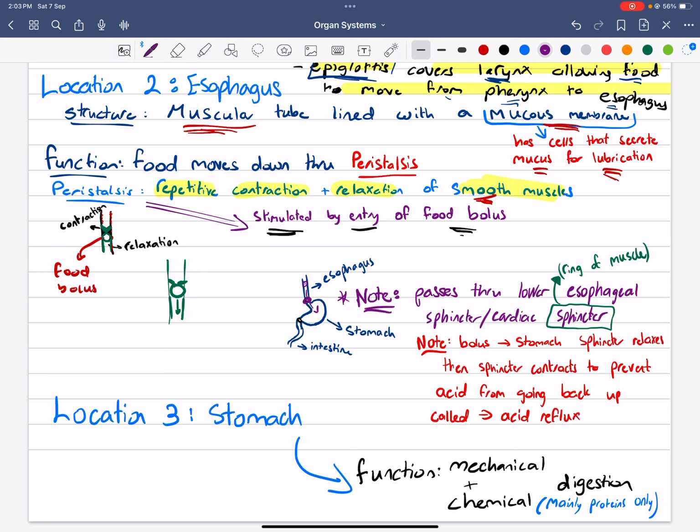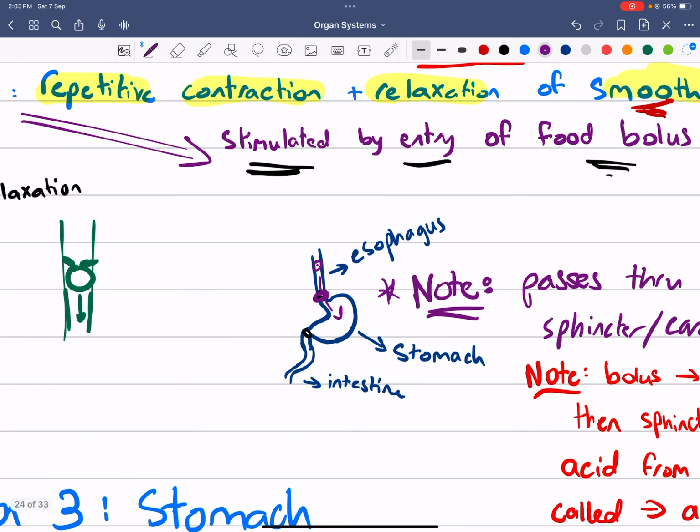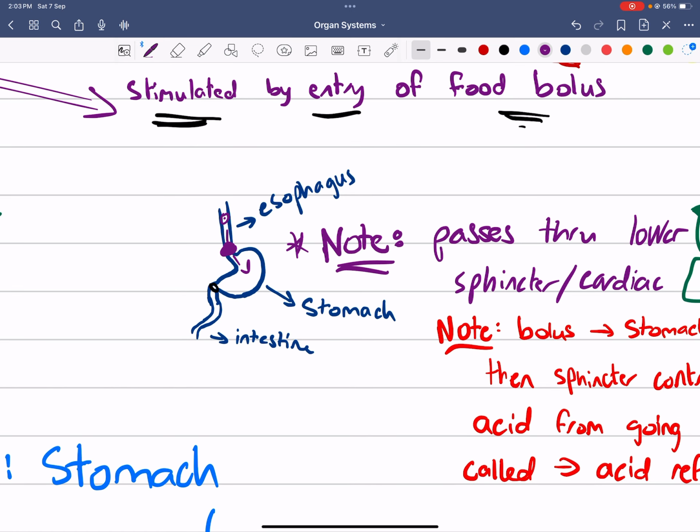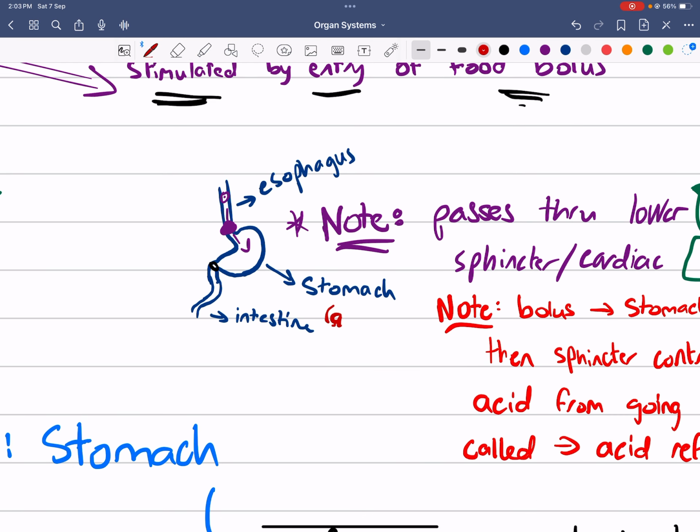However, when the food bolus enters the stomach, this sphincter contracts. Why does it contract? And now we will even look into further detail why. Because the stomach has an acidic pH. And now we're going to be looking at why it has an acidic pH. So it has an acidic pH, and we don't want the acid that's in the stomach to go to our esophagus.